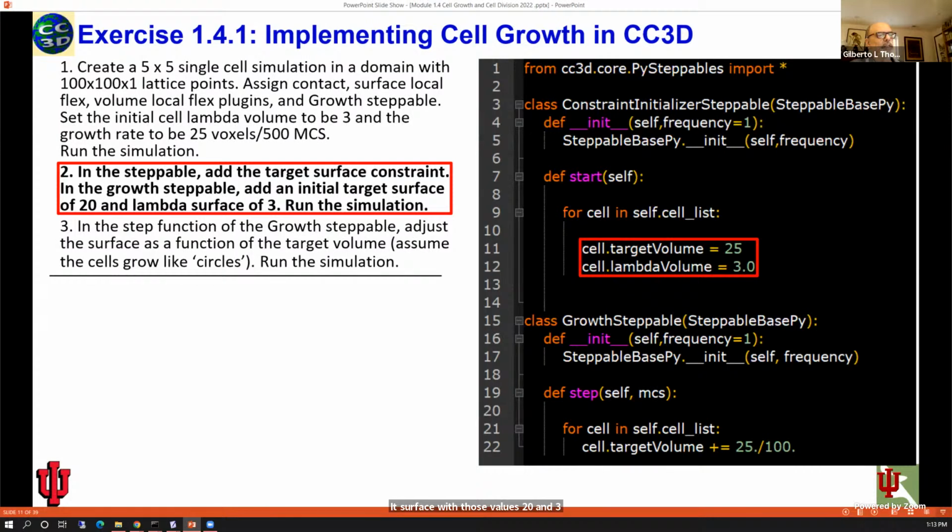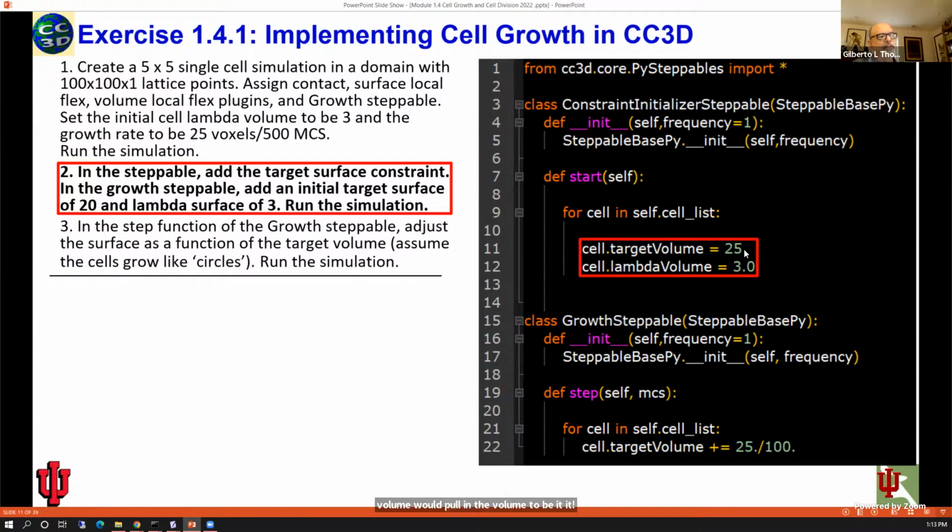In general, when you load the surface plugin, it doesn't put the lines like that in the steppable. It's a kind of difference from the volume plugin. The volume plugin, they are there already.